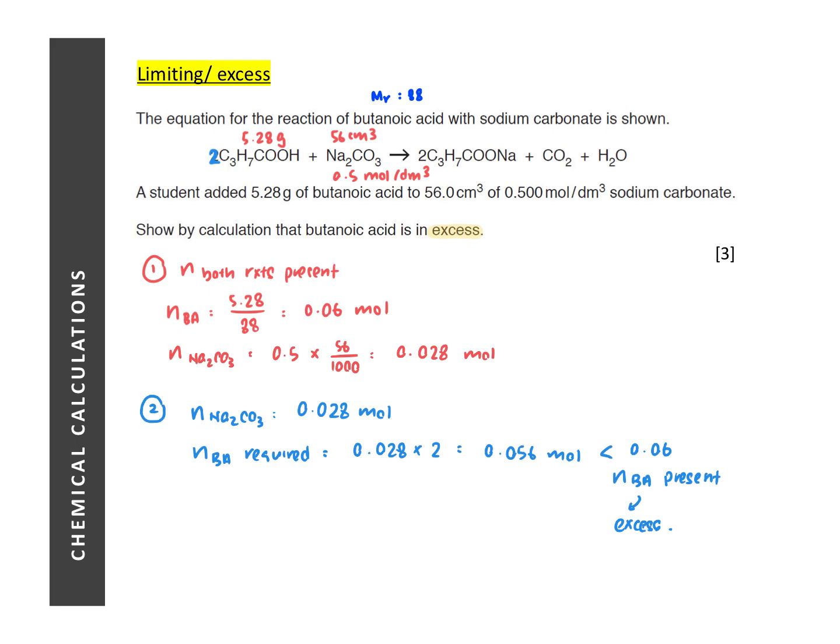So we have shown by calculation that it is in excess. In order for you to make the conclusion, this particular line is very important: you need to show that the number of moles of acid required is less than the number of moles of acid present.